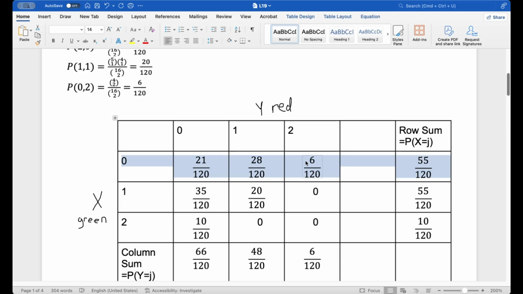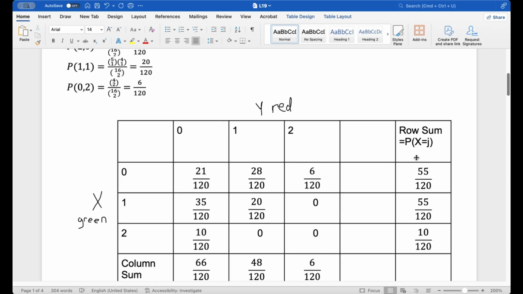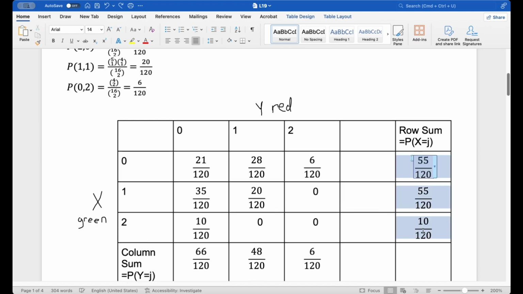That's 55 out of 120. Probability that X is 1, we add up everything in that row, 35 plus 20, 55 out of 120. X is 2, for 2 green, it's 10 out of 120. Notice this last column here adds up to 120 out of 120.